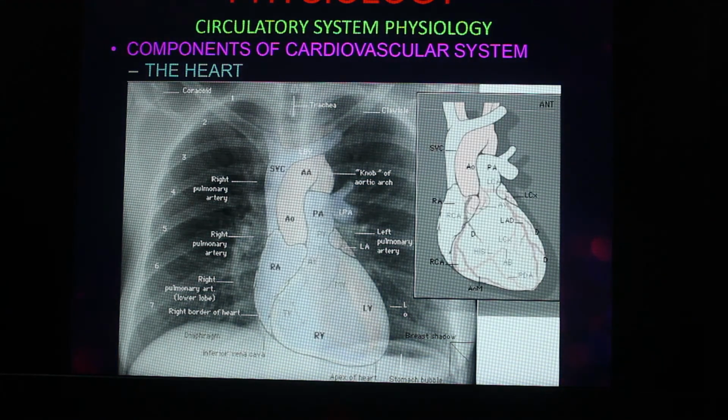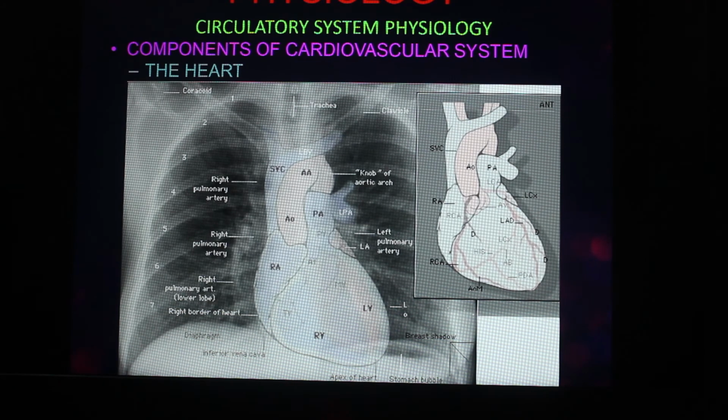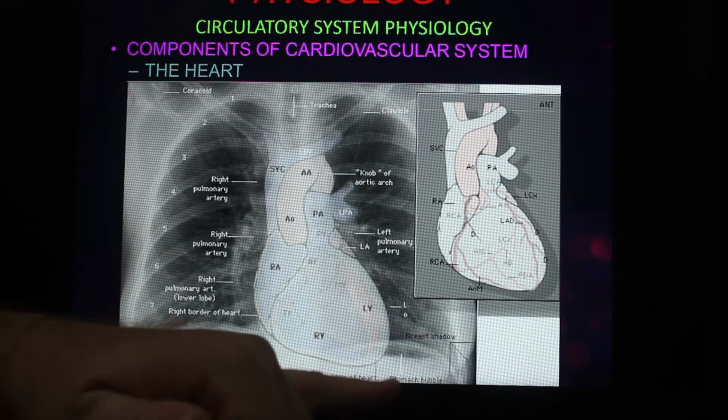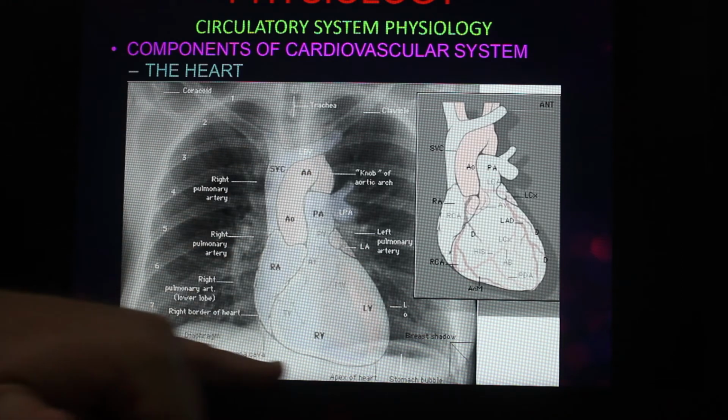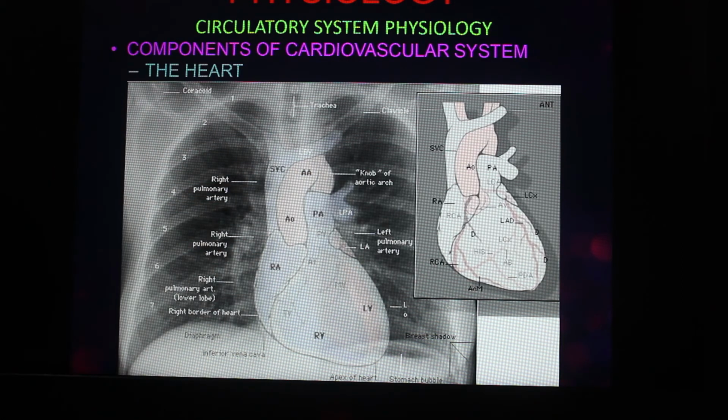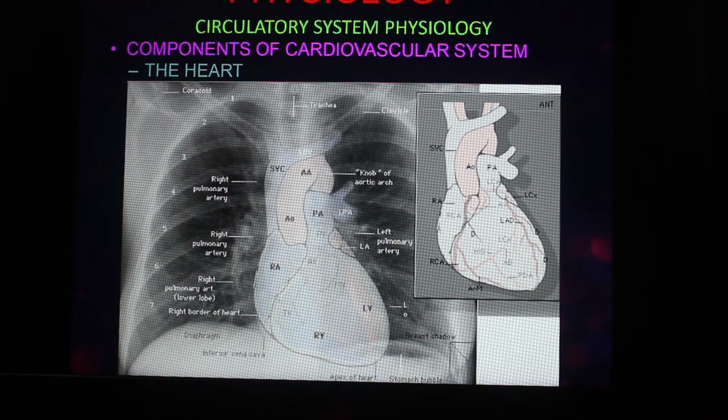If we look at the X-ray of a patient, we can see the silhouette of the heart should be seen something like this. This is superimposed on a chest X-ray. It's not the exact figure. And here you can see the components of the heart that we can see on an X-ray.